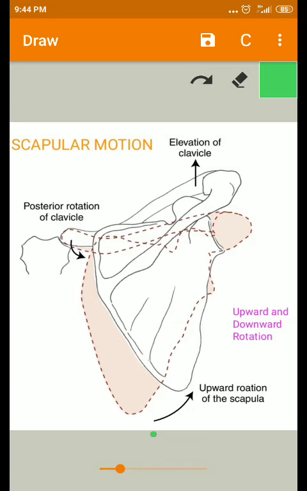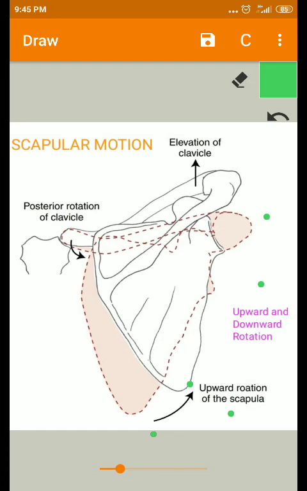But at this stage you have to know that upward rotation of the scapula, which increases the elevation of the arm, will have some proportions of movements not only in the upward rotation of the scapula, but also some motions at the AC joint and the SC joint are present. That point you have to remember.